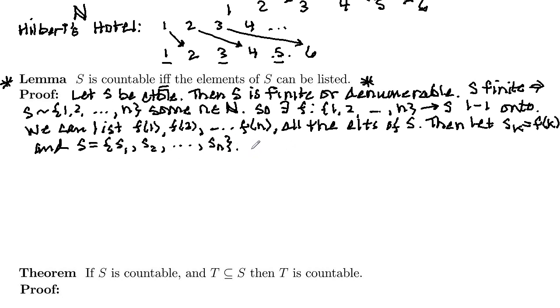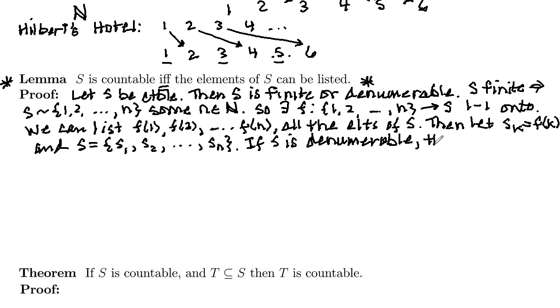So now what's the other case? Well, it's denumerable. If S is denumerable, then what does that mean? That means that we can put it in one-to-one correspondence with the natural numbers.